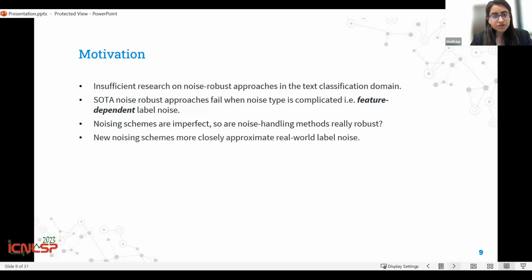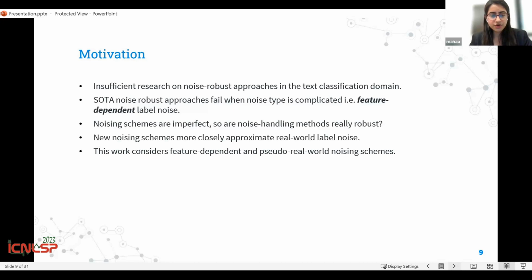And as we just saw, there are new noising schemes such as pseudo real-world label noise that more closely approximate real-world labeling mistakes. In our work, we only considered feature-dependent label noise and pseudo real-world label noise because, as we already established, randomly injected label noise does not accurately represent real labeling errors.